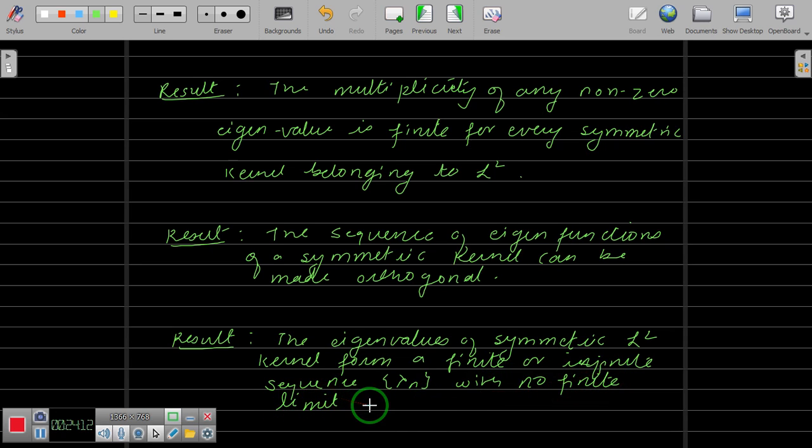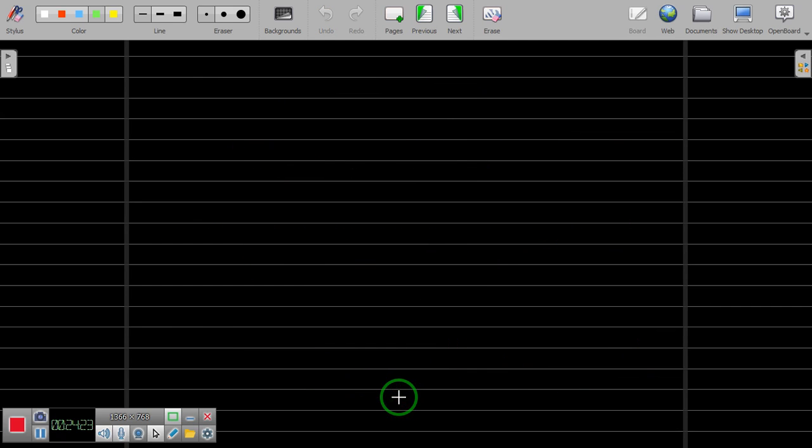So of course you should know what limit points are. No finite limit point. And let me state the last result. Others I will try to prove afterwards.